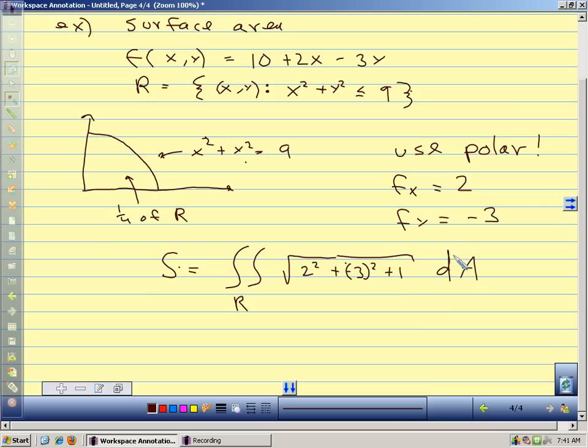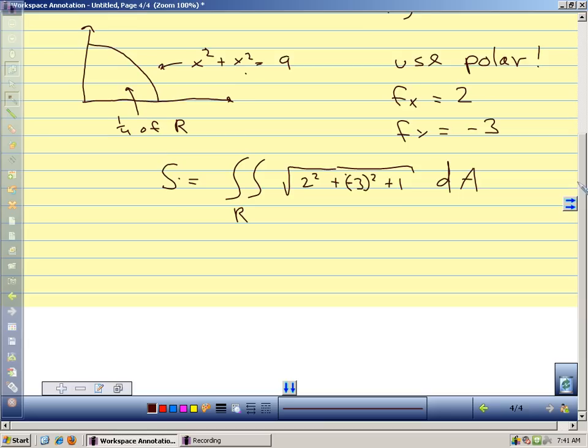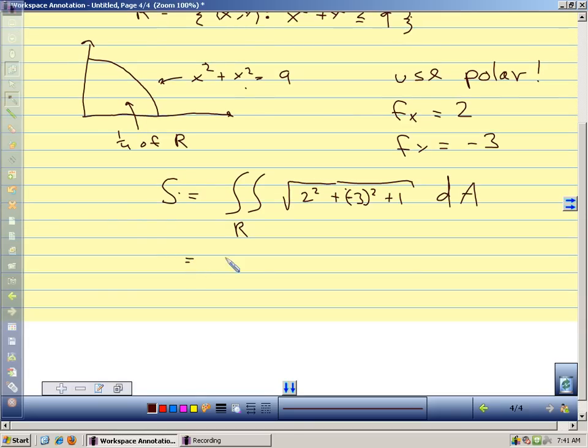And we're using polar coordinates to make our lives easier. So we integrate theta from 0 to pi over 2, and we multiply by 4, because this is a quarter of our region.